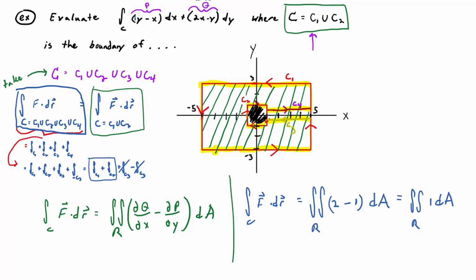Okay, so what's that going to be? What are the dimensions of the big rectangle? 10 by 6. It goes from negative 5 to 5 on the x-axis and negative 3 to 3 on the y-axis. So the horizontal dimension would be 10, the vertical dimension 6. And then this square actually went from negative 1 to 1 on both axes.